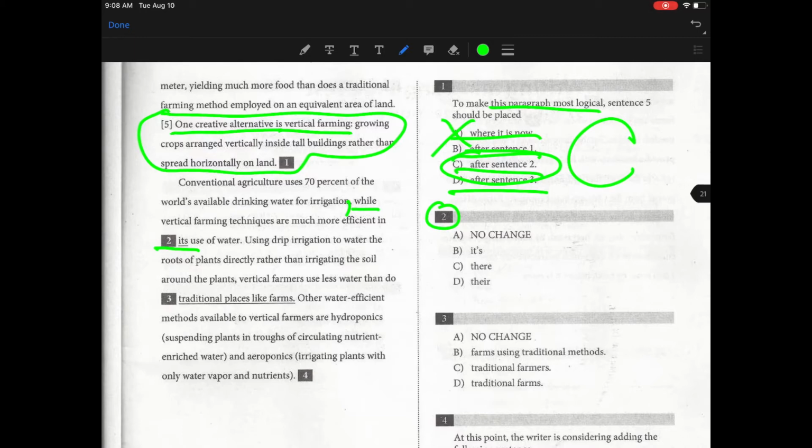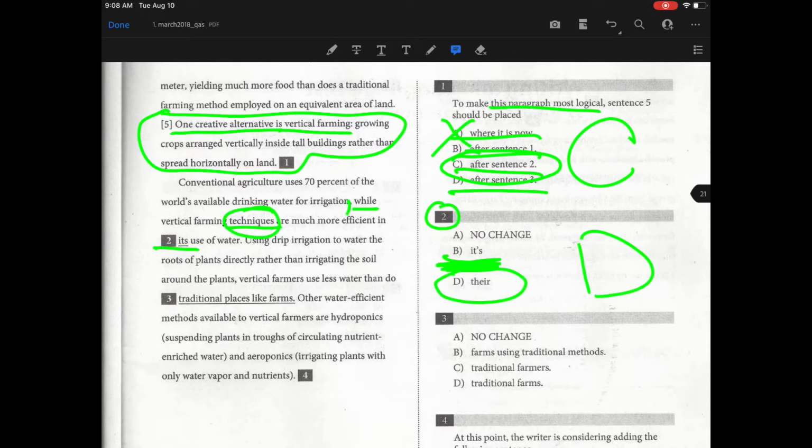The subject in this clause is techniques. Okay, techniques, plural noun, should be there. But not this there. We're not talking about any position or anything. We're talking about their, the use of water that belongs to these techniques. Okay, so the answer here is D.